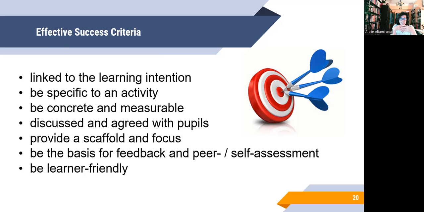Now, despite building learning intentions and success criteria into our planning, we rarely share these with our students. But at the same time, we want our students to be self-motivated and have a sense of purpose.